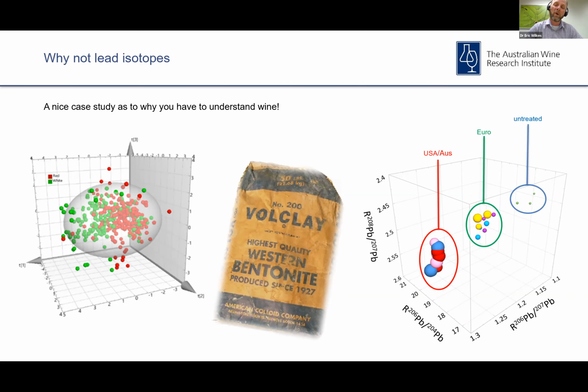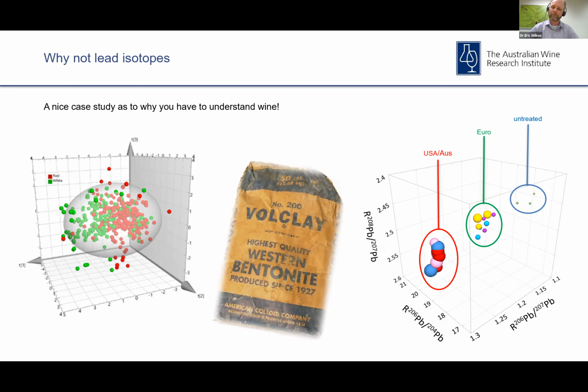So from white wines, we could make a pretty good stab at saying where the bentonite used to heat stabilize the wine came from, whether it was a US, Australian or European bentonite, etc. This obviously takes away from using lead isotopes for identification of where the wine came from, but it's a really good and important experiment to show why you have to be careful, because many of the things we do in winemaking can impact what we see in these sorts of studies.